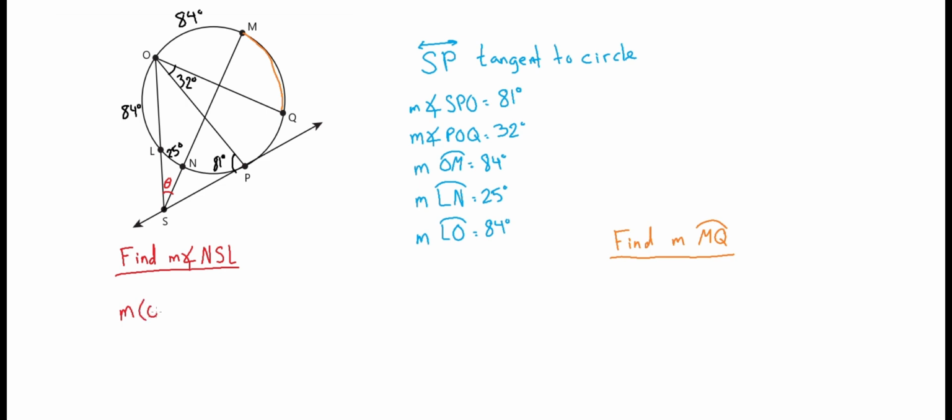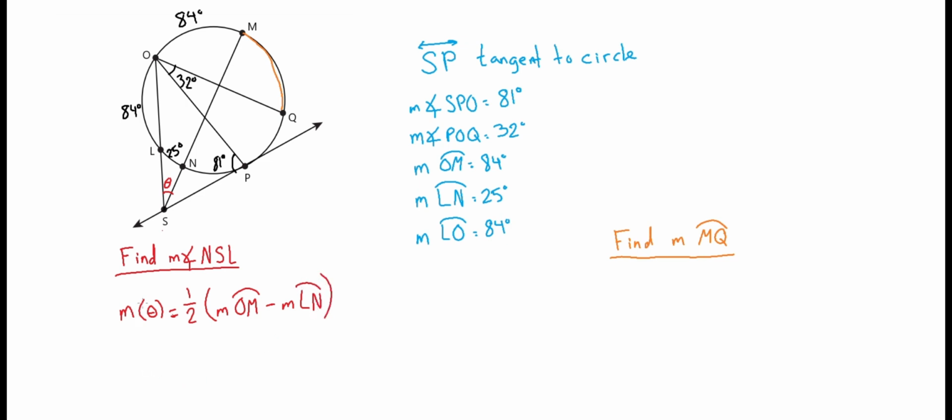Measure of angle theta would be equal to 1/2 the measure of the major arc, which is OM, which it kind of intercepts, minus the minor arc over here, which is LM.